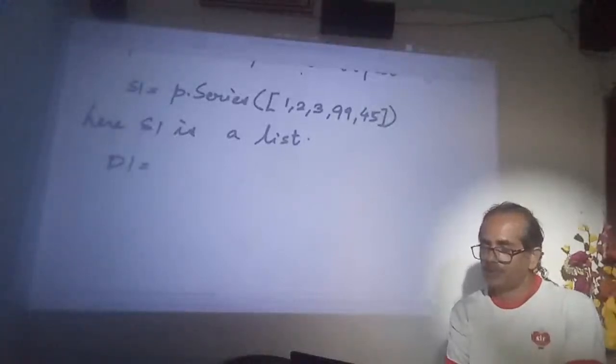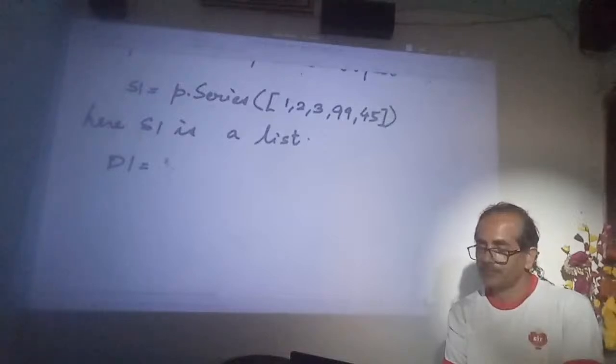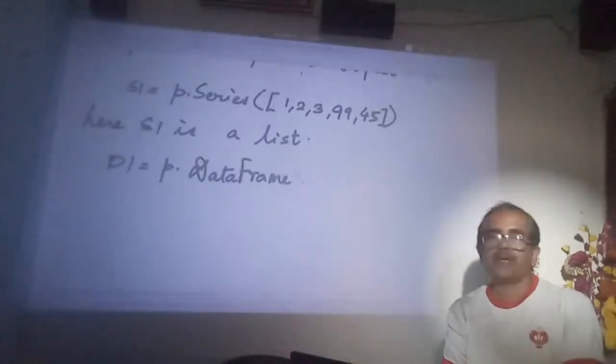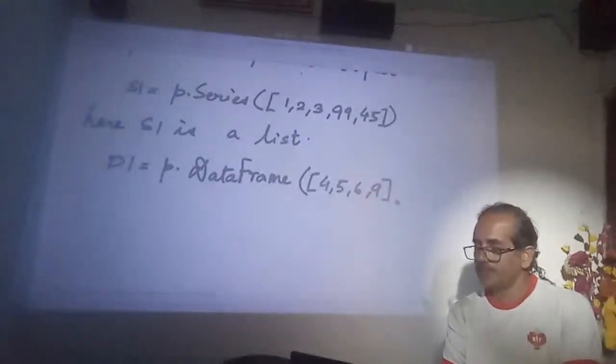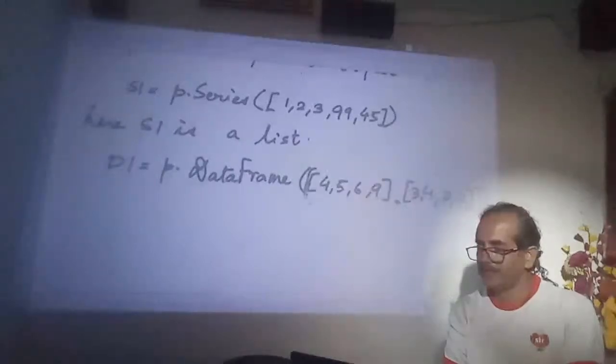D1 equal to P dot DataFrame. Here one more square bracket is necessary.